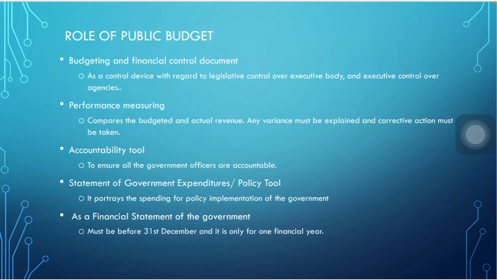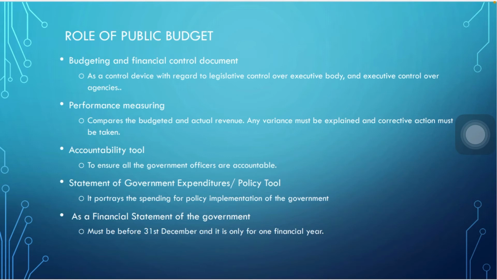So kat sini kita boleh katakan all the black and whites, all the document must be presented because it acts as a control devices lah untuk sebagai reference. So dalam peringkat legislatif, dalam peringkat executive body and also agency. So agency ni kita refer kepada local government.